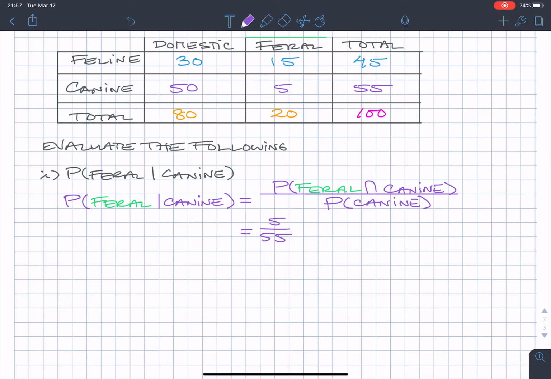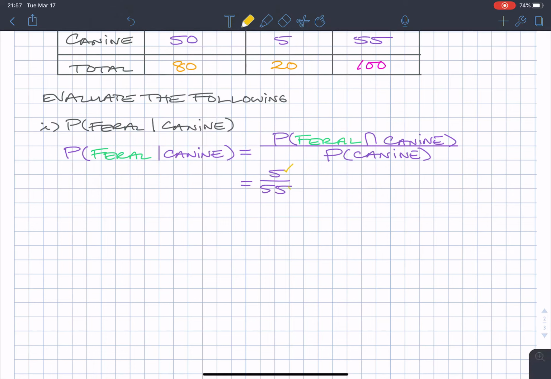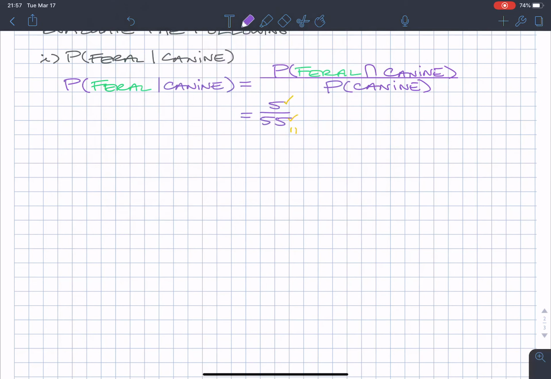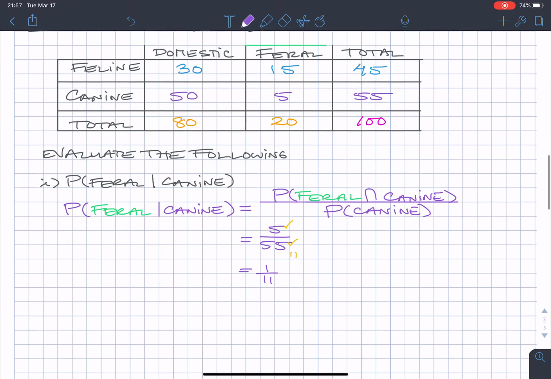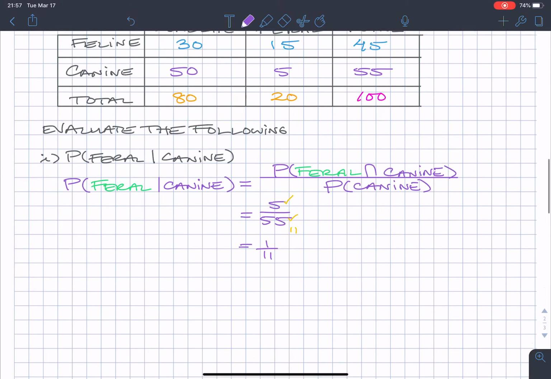So the probability of being feral is 5 out of 55 canines. Of course this reduces. 5 goes into 55 11 times, so this is 1 over 11. So the probability of being feral, given that you're canine, is 1 in 11.